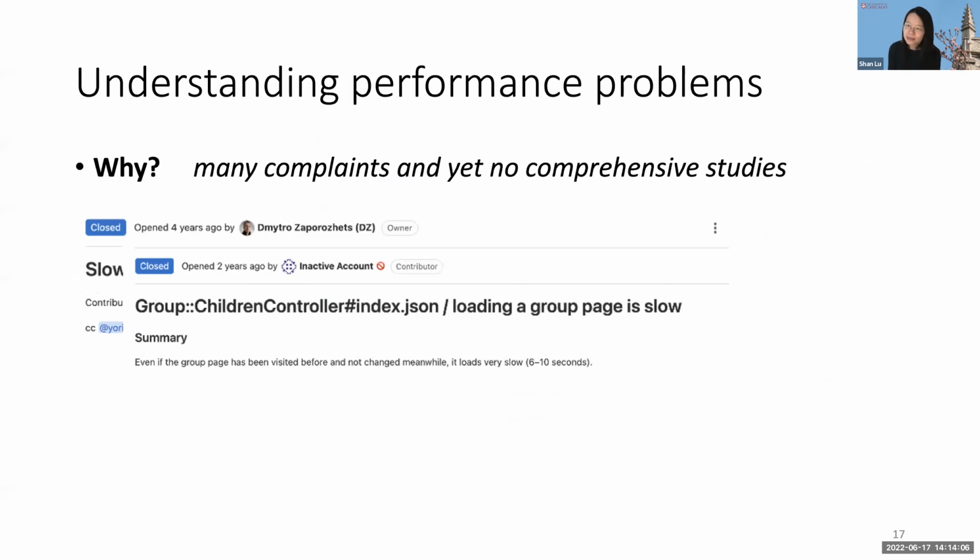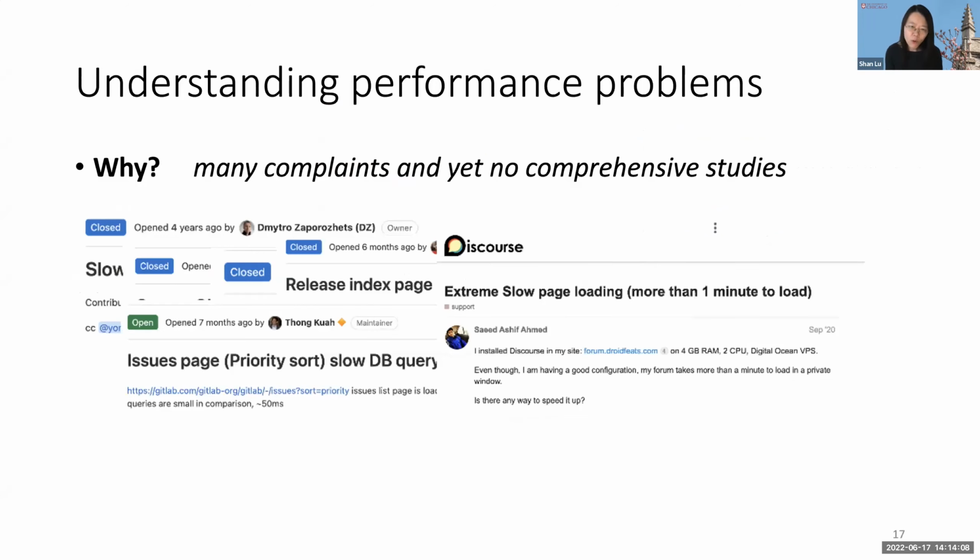Okay, so we start with understanding the problem, right? So how did we start it? We kind of started informally. I had a chat with my collaborator, and he said, hey, I think there are a lot of problems like this. And if you search, there are a lot of blogs talking about this, but there's no comprehensive study.